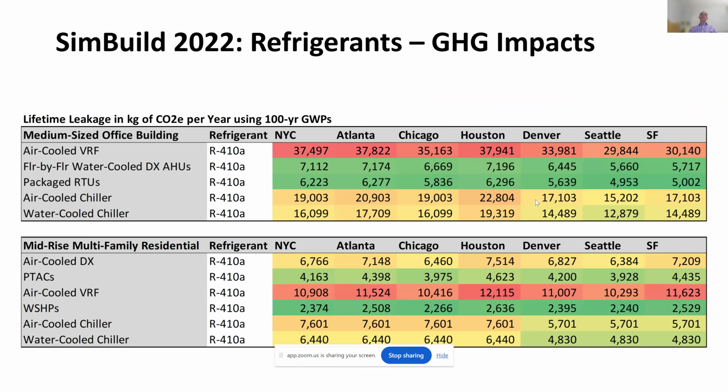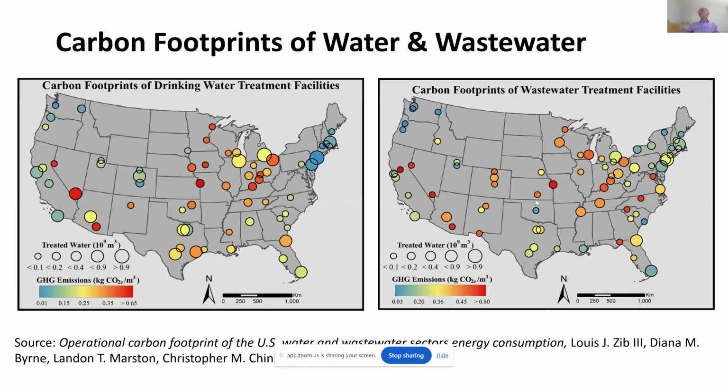But if you assume that a VRF system has the most refrigerant charge per cooling ton because of the line set lengths, and you assume that it has the greatest amount of leakage per year because of those field installed joints, then no surprise that system will look the worst in comparison to any other, if the refrigerant itself, in this case R410A, is the same throughout. As we move to next generation refrigerants and HFOs, that may not be the case, but it is still worth looking at what your GWP from your refrigerants are.